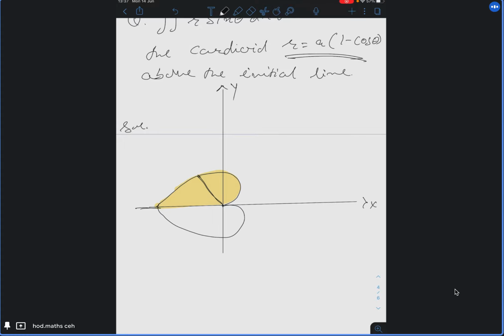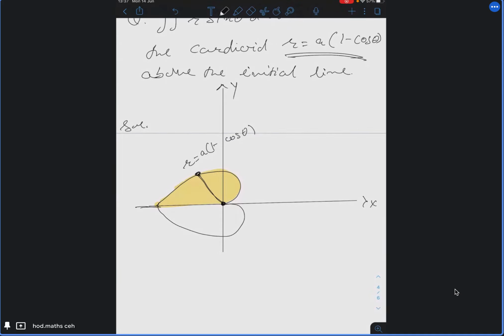So r is from 0 to this curve, which is r is equal to a into 1 minus cos theta. So you draw the radial strip from this point, r is equal to 0, as you don't have any other curve here, to this curve, r is equal to a into 1 minus cos theta. So these are the limits of r.